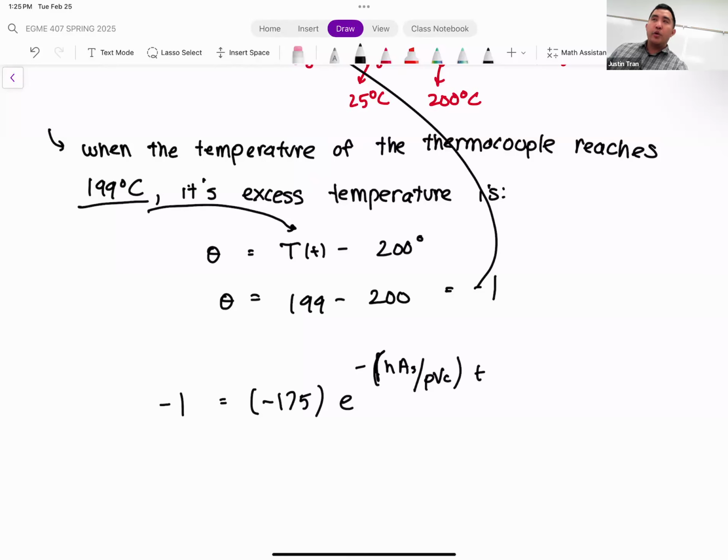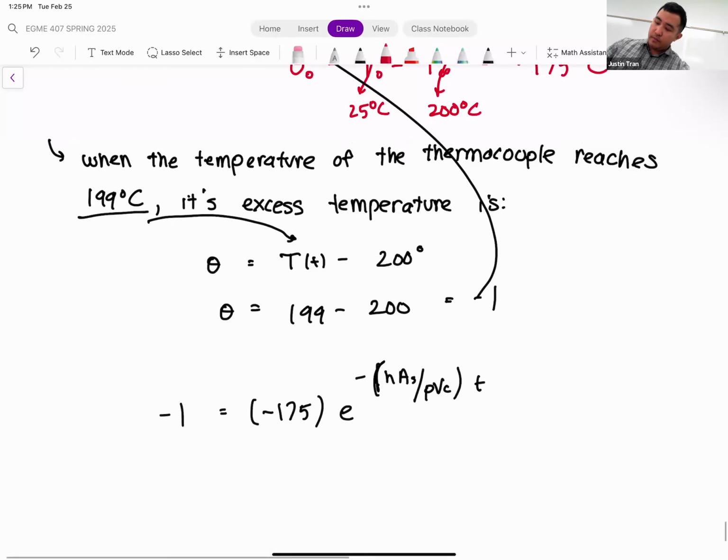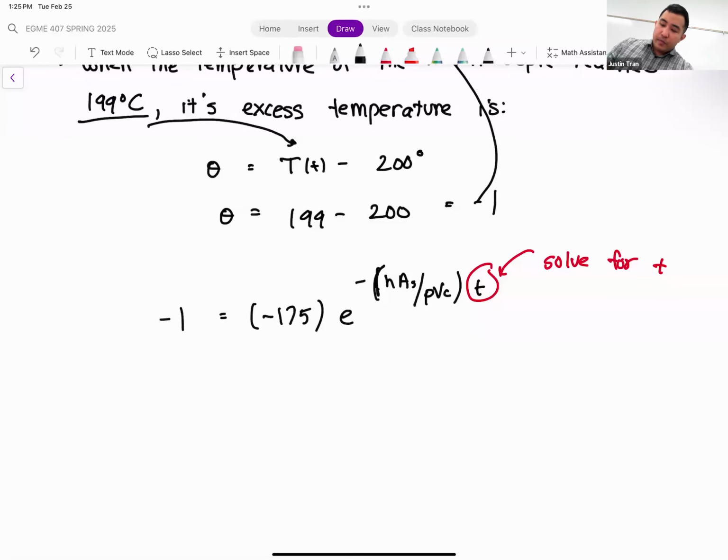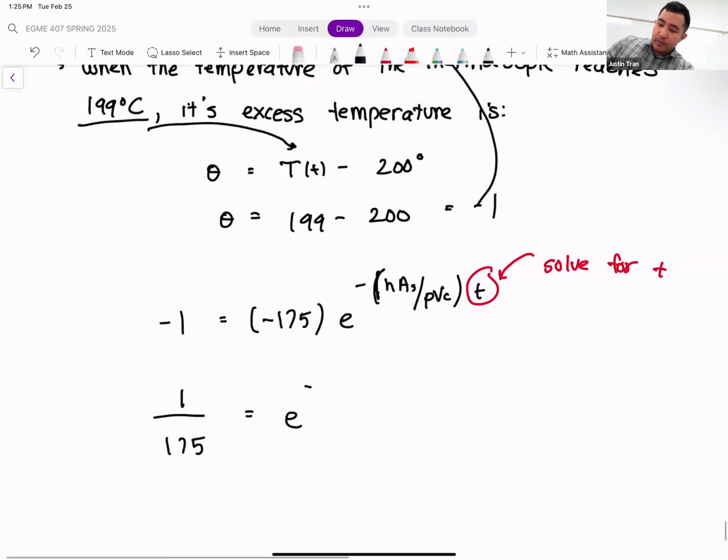And then from this expression here, we can solve for t. Of course, to solve for t, we can divide both sides by 175. And so we have 1 divided by 175 is equal to e raised to the minus hAs divided by rho V c times t.